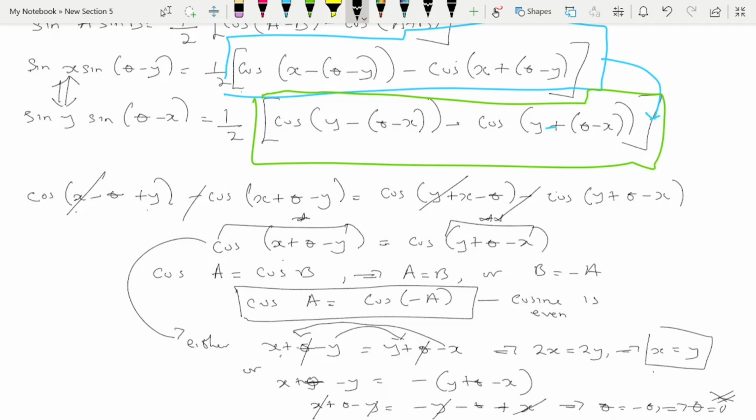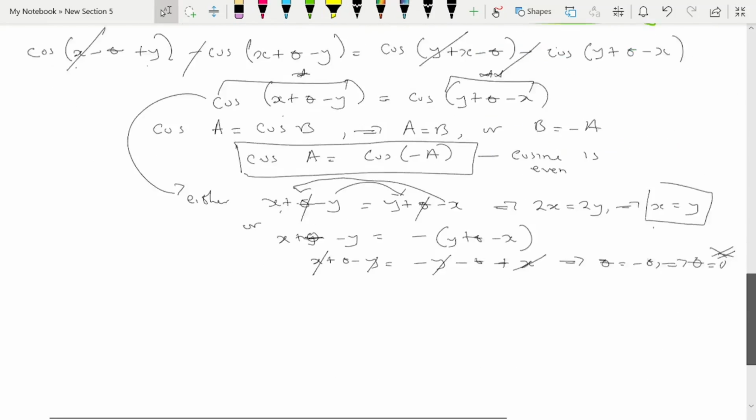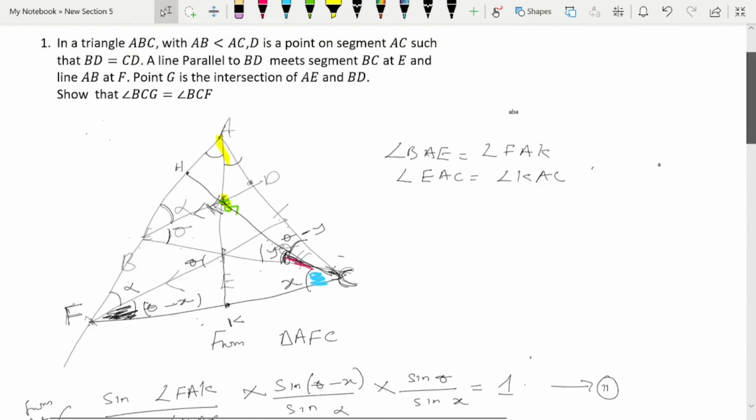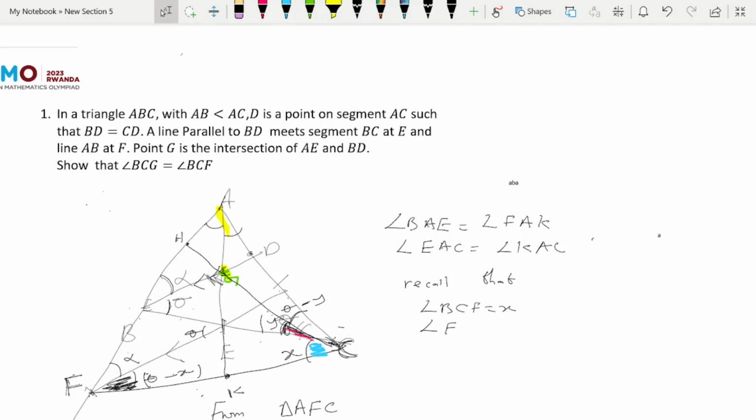So the only case that makes sense is x equals y, but that's exactly what we wanted to prove, because if you remember when we started out, we wanted to prove that x equals y, and you recall that angle BCF was equal to x, and angle BCG was equal to y.